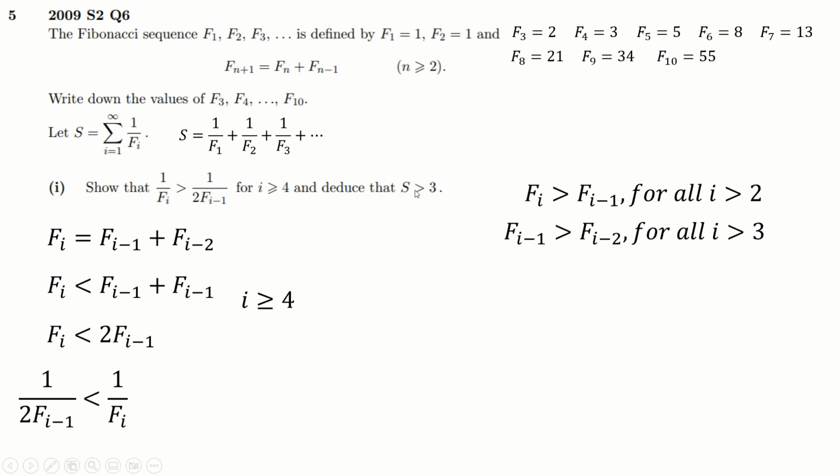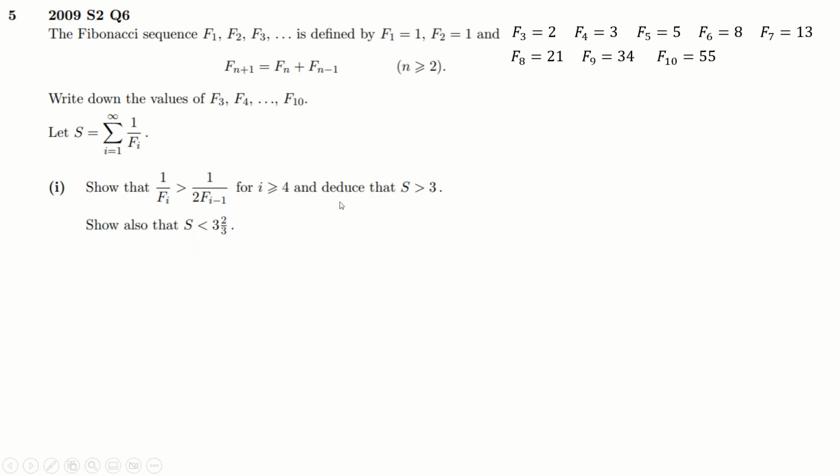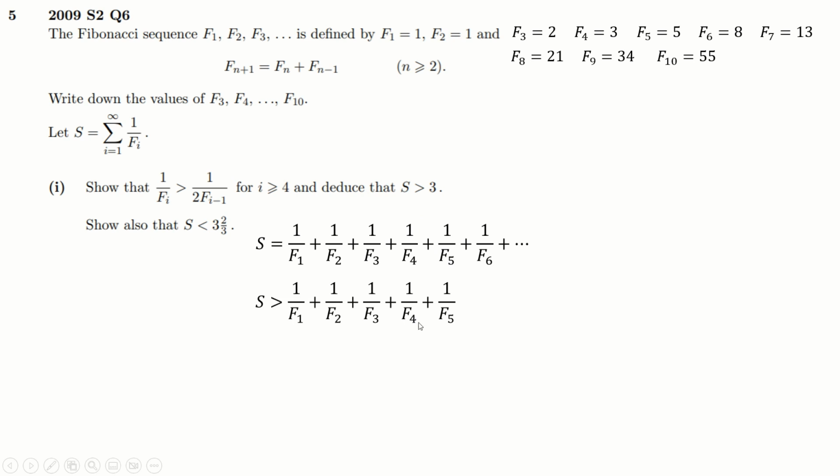And then deduce that S is bigger than 3. Now, to do this, you're supposed to use the result we just used, which I will do later, I promise. But for now, I just decided to be as lazy as physically possible. I decided, why don't I just add up enough terms to get bigger than 3, and that'll be fine. It turns out if you do 5 of them, and I ignore every term after this, I'm making this side smaller, right?